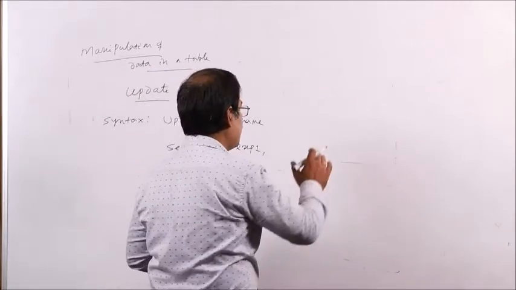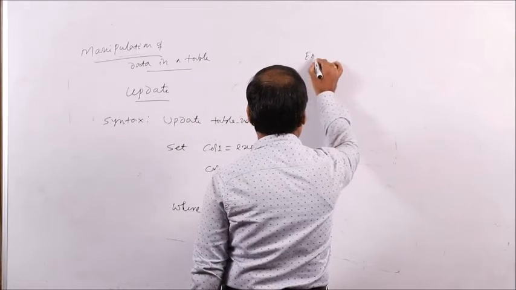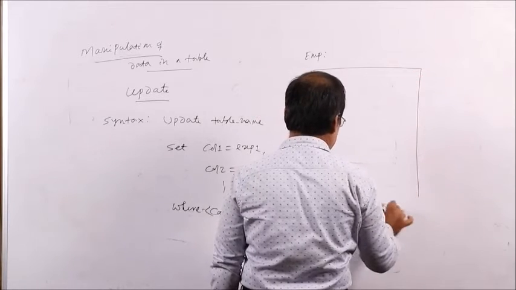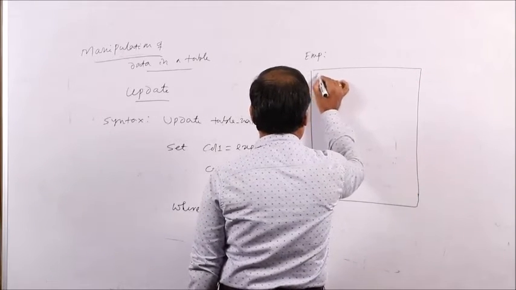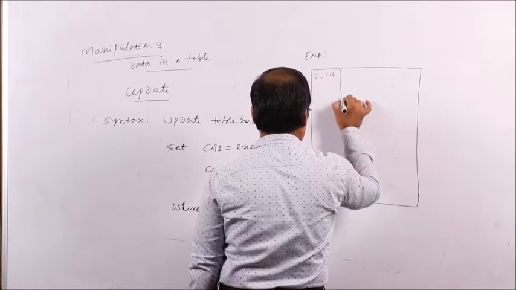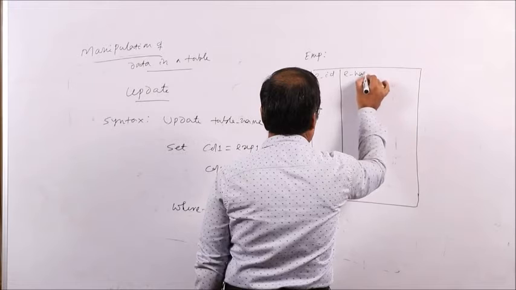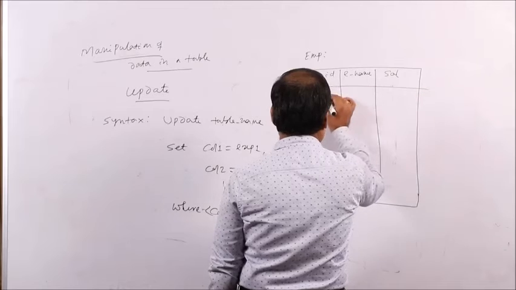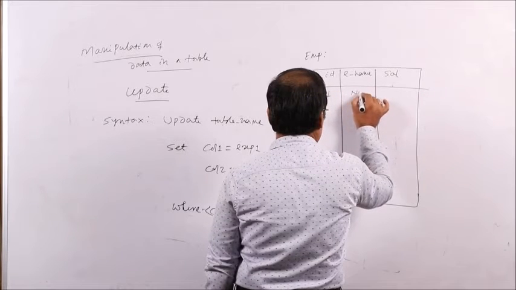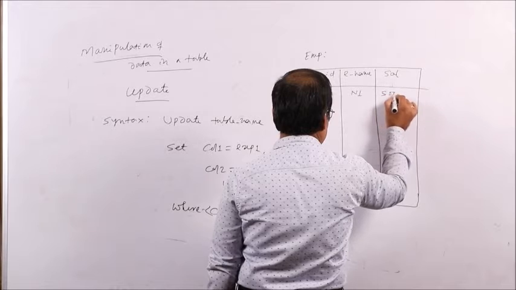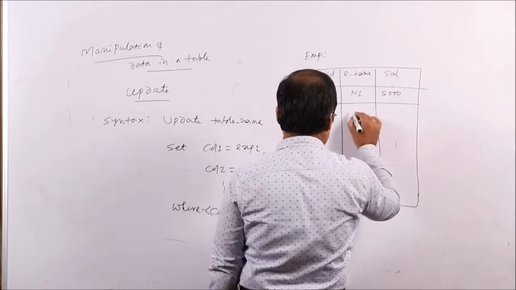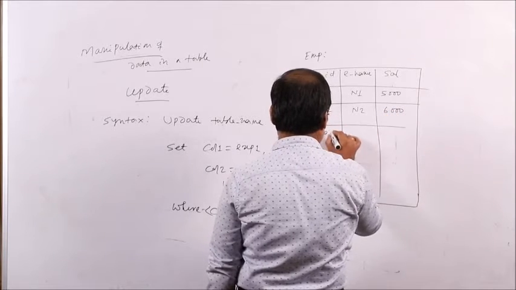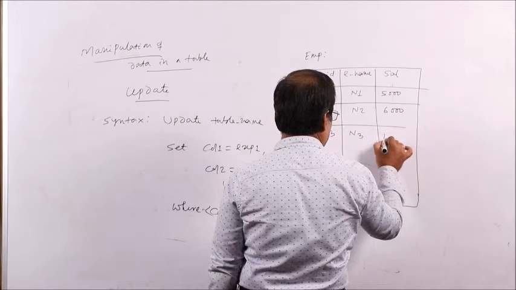So, a very simple example. Suppose an employee table is here, and let there be different attributes present in the employee table. This is employee ID, employee name, and let it be salary. 01, N1, salary is suppose 5000. 02, name is N2, salary let it be 6000. 03, N3, 10,000.